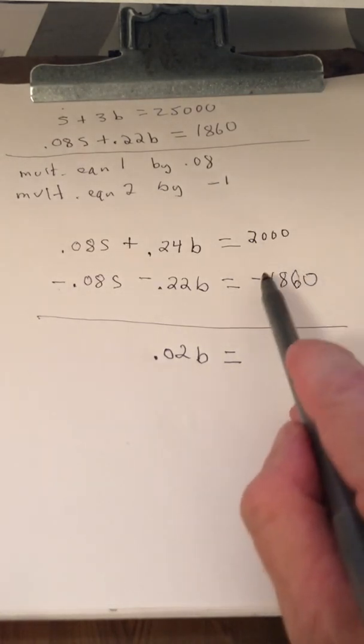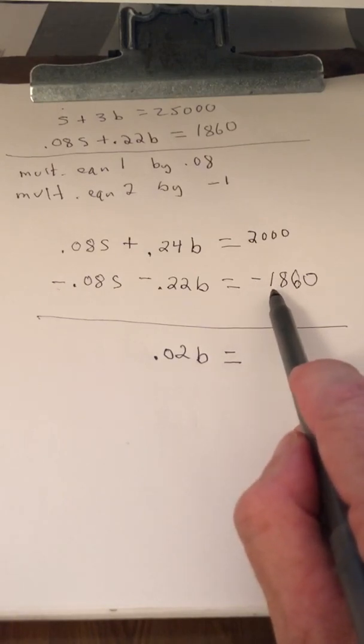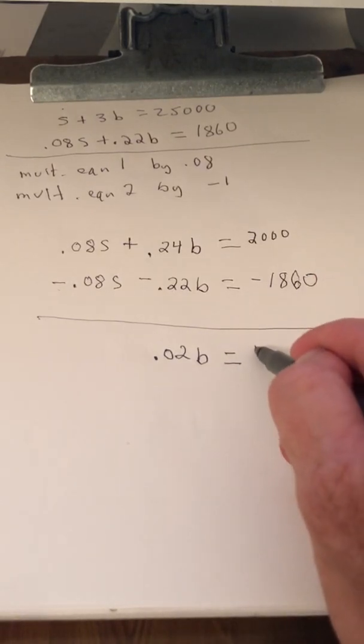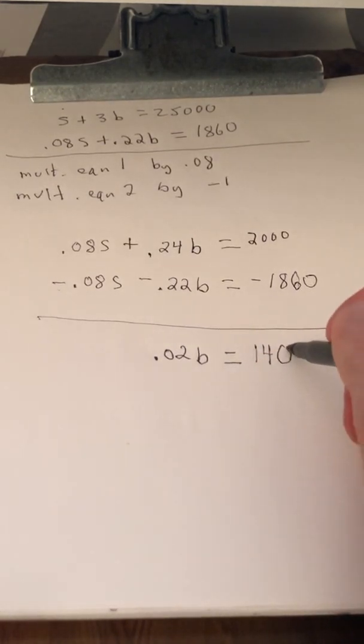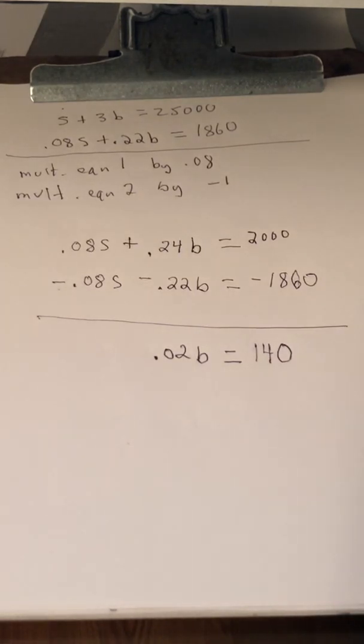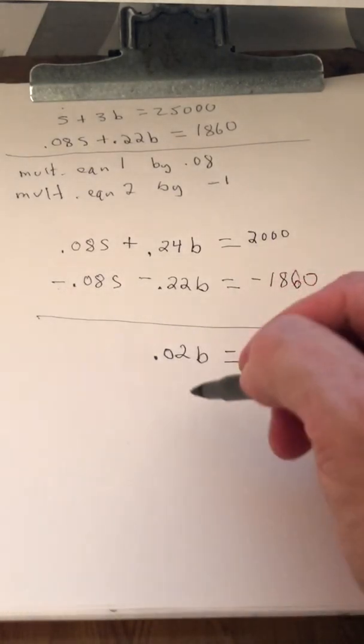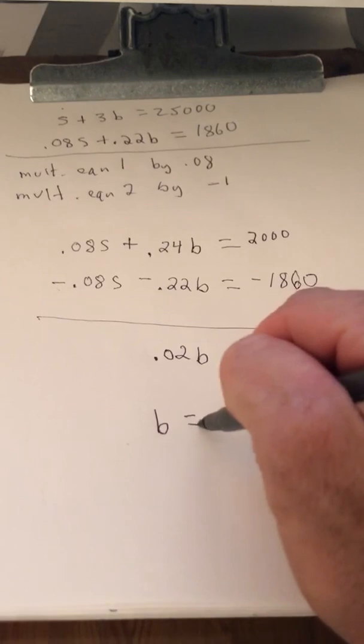And 2,000 minus 1,860 is a positive 140. So if I divide both sides by 0.02, which is actually the same thing as multiplying both sides by 50, what we get is b is equal to 7,000.